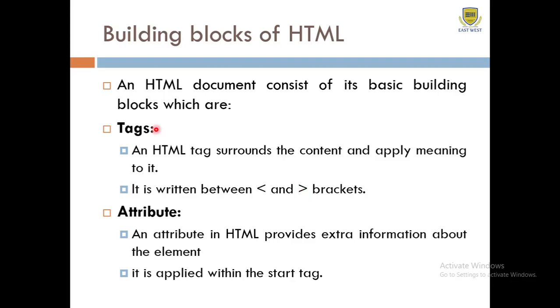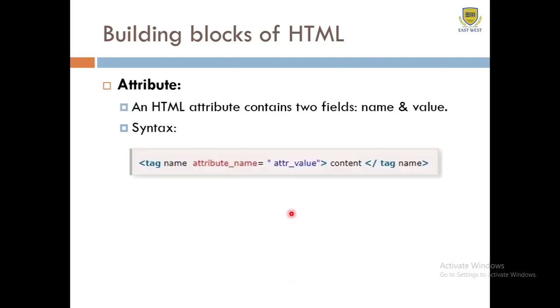Next is attribute. An attribute in HTML provides extra information about the element, and it is applied within the start tag. An HTML attribute contains two fields, name and value. Here is a simple syntax for writing an attribute.